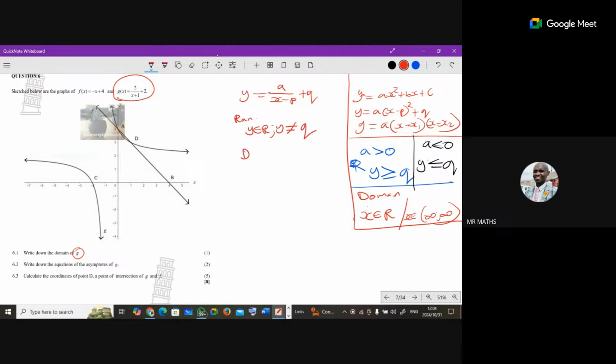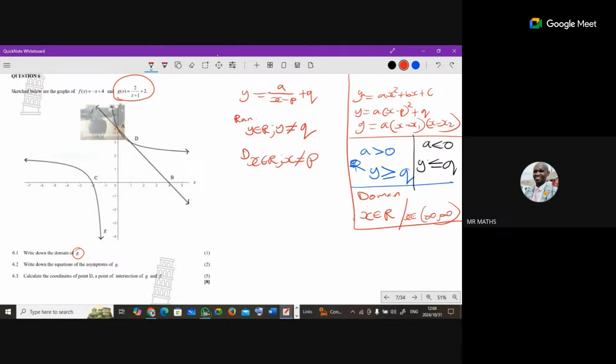The same applies to the domain. The domain here is x is an element of real numbers, but x cannot be equal to p. Are we together? So whatever the value of p is, x cannot be it.